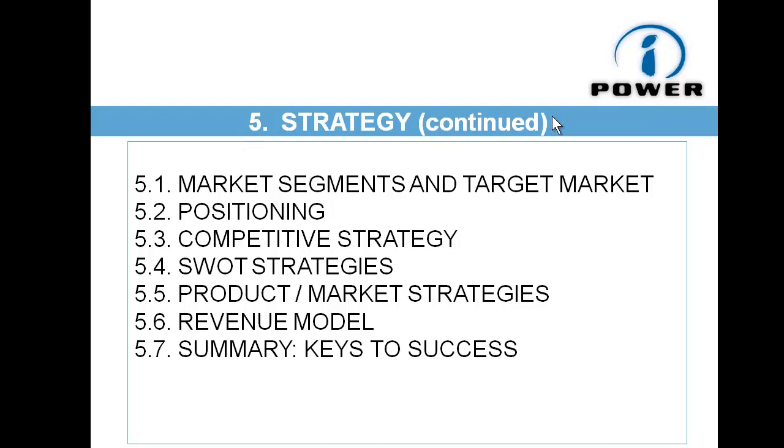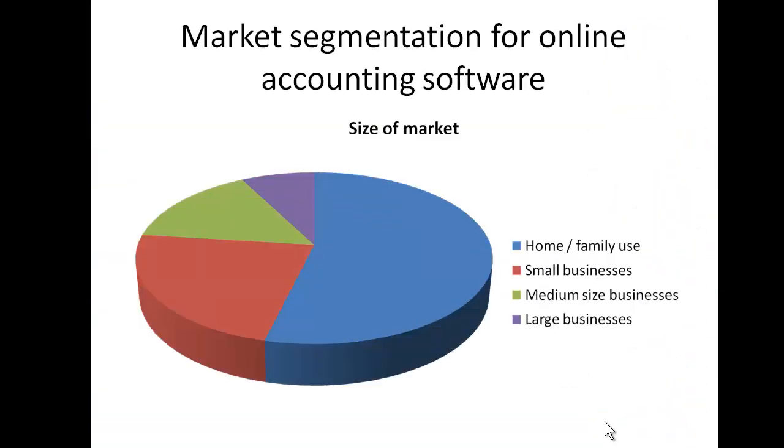So now let's try to see what belongs to each of these sections in more detail. We've already dealt with that. You remember an example of market segmentation for online accounting software.